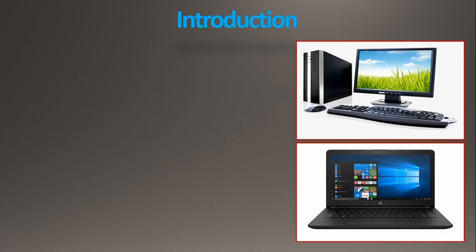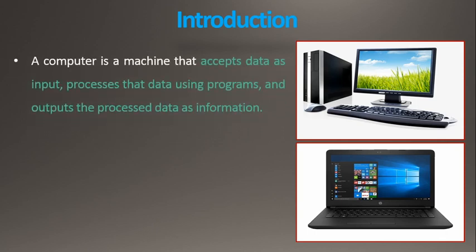So here a computer is a machine that accepts data as input, processes that data using various programs, and outputs the processed data as information. So we can store any type of data in the computer, in various files like Word files, Microsoft PowerPoint files, Excel files or many others.